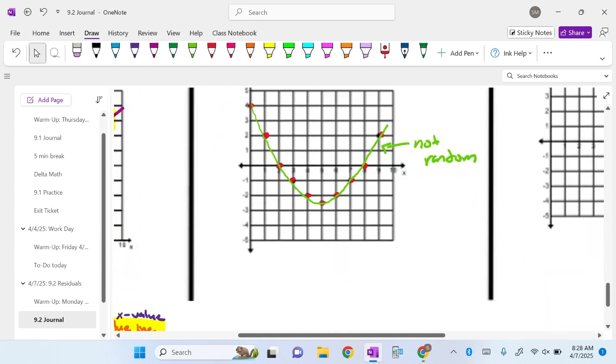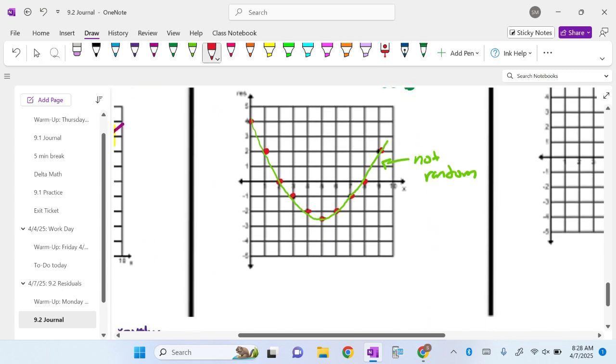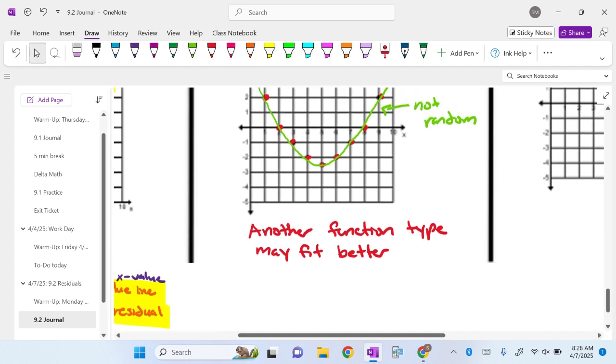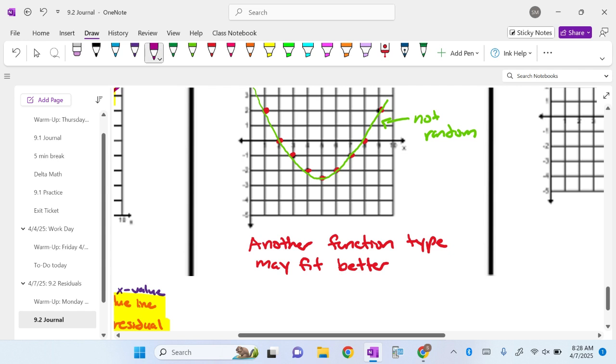So a nonlinear fit, all that means is another function type may fit better. Now, a residual plot cannot tell us what type of function that is. So even though that looks like a quadratic, that doesn't mean a quadratic is the best fit.